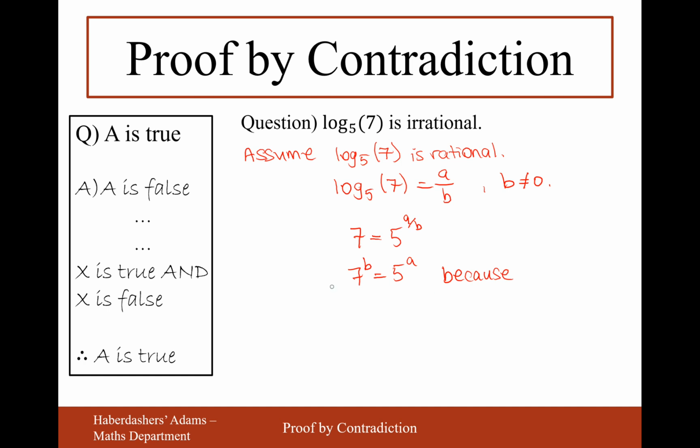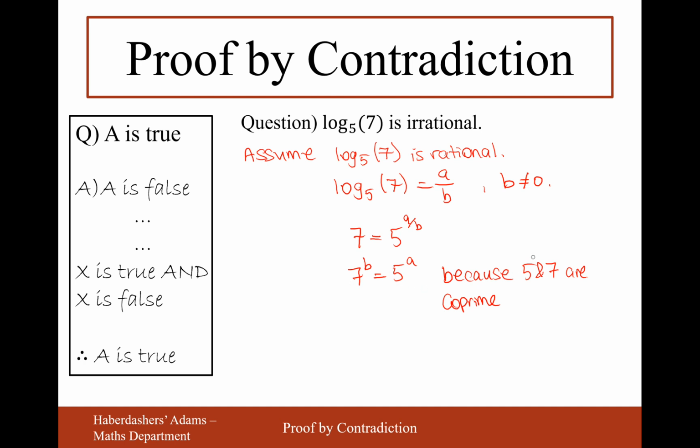So we're going to have to have a different explanation here, and the explanation is going to be because 5 and 7 are co-prime. 5 to the power of a is just going to be 5 times 5 times 5 times 5 times 5, so that will just have a prime factor of 5 in it, and 7 times 7 times 7, however many times you multiply 7 together, will only have a prime factor of 7 in it. So co-prime means that they don't share any prime factors.